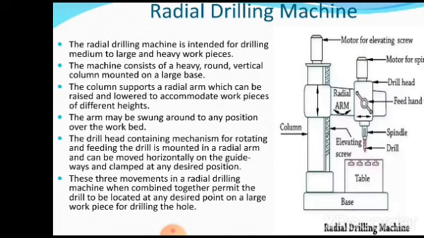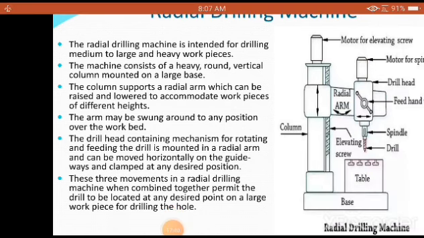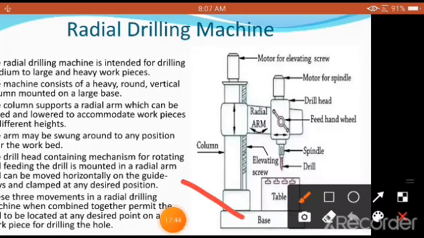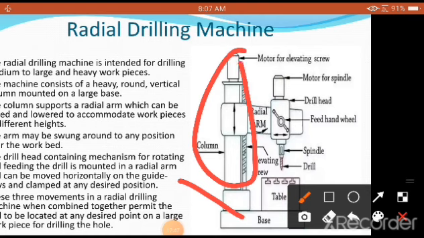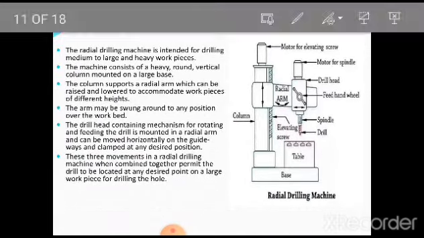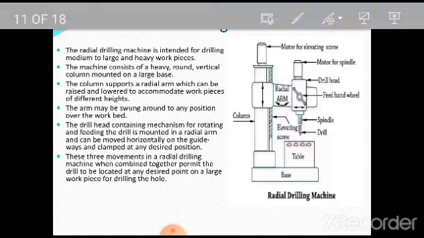The machine consists of a heavy round vertical column mounted on a large base. As you are going to see very clearly here, this is the base, and on this base, this is called the column, which is circular in nature. That is very important to understand clearly.